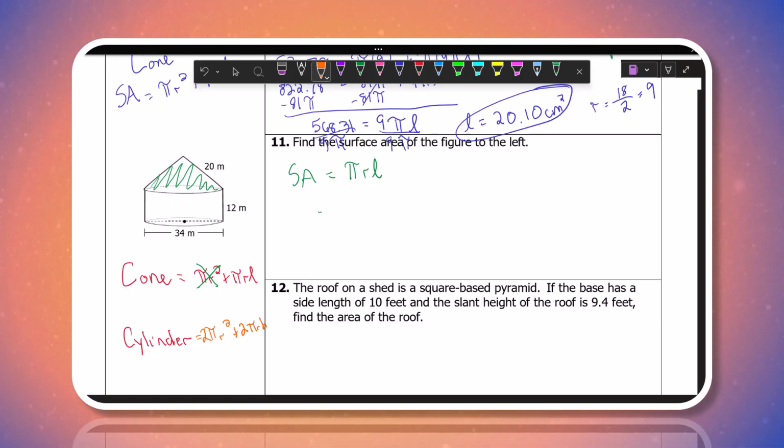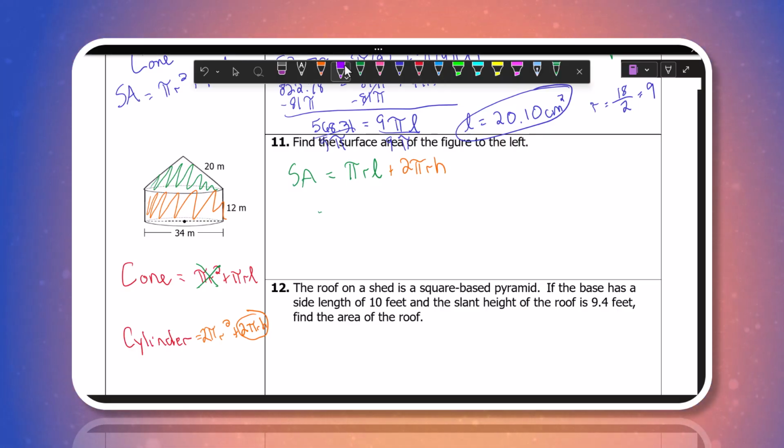But again, we don't need both bases, we want this, and that's this part, plus 2 pi r h. It's got the height, so you know it's about the lateral side. And then this is both of our bases of the cylinder, the circle, but we only want one of them. So instead of the 2 there, we'll just add in pi r squared.